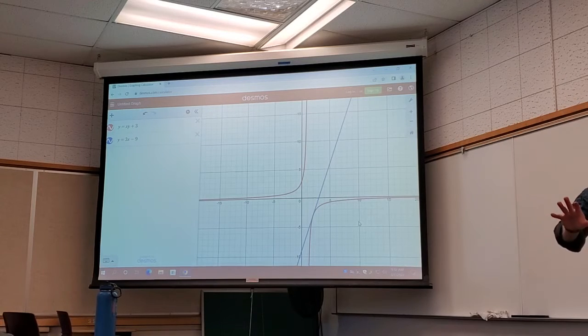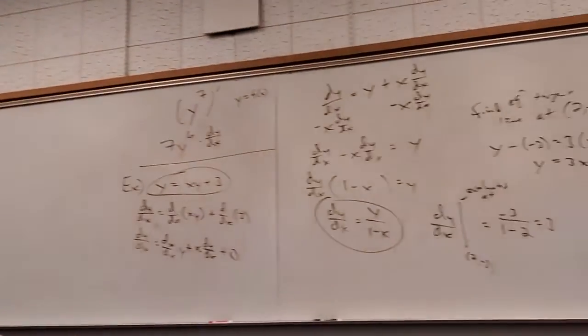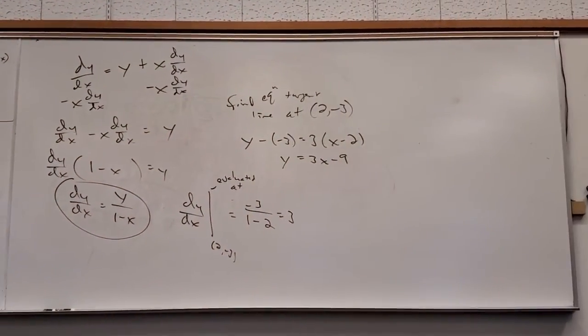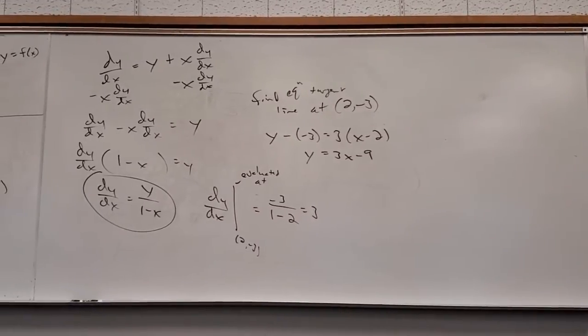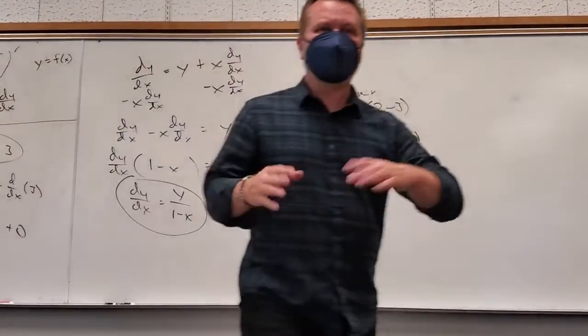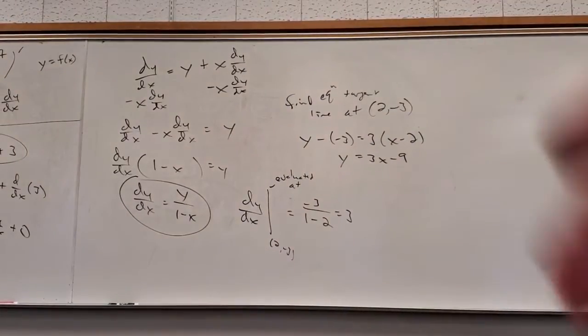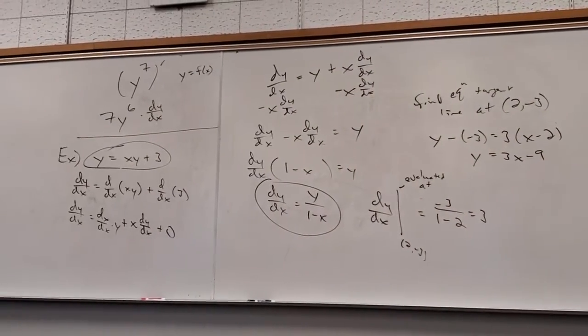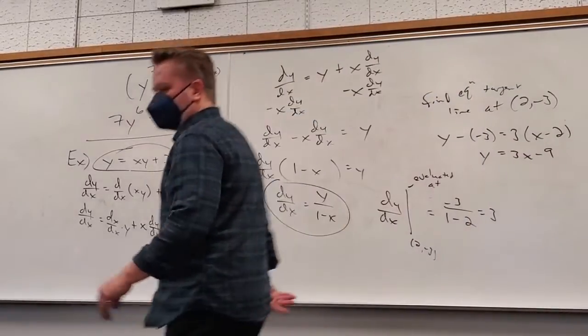So, let's do some more examples. This is what's known as, let's see if you can get this word yourself. Before now, in chapter 3, I was giving you explicit functions of x. Meaning, I wouldn't hide what the function did.